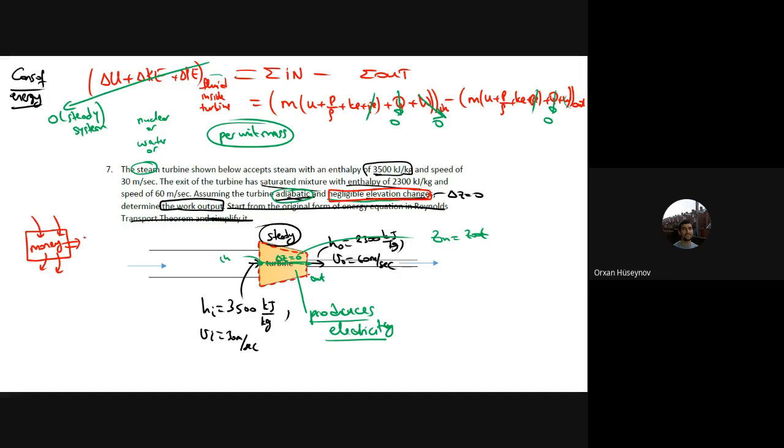The change of money is 0 with respect to time. If the money inside your bank account doesn't change with respect to time, it is steady. Similarly here, the properties inside the turbine do not change with respect to time. They have fixed internal energy, fixed kinetic energy, fixed potential energy. Therefore, the left-hand side is 0, or the change of money is 0.